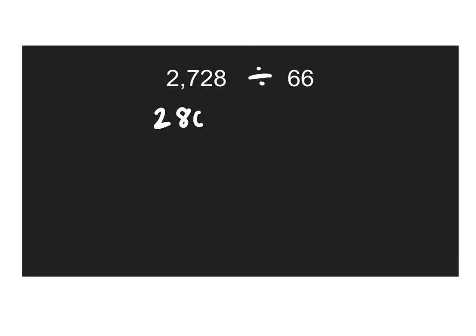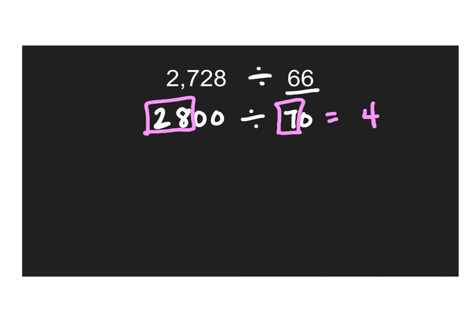Maybe I'm going to round this to 28. Because then I can look at this 66 number and say, well, it's pretty close to 70. The reason I did that is because 28 and 7 are compatible numbers. So 7 goes into 28 4 times, and my answer is going to be 40. I can double check my work. 40 times 70 gives me 2,800.